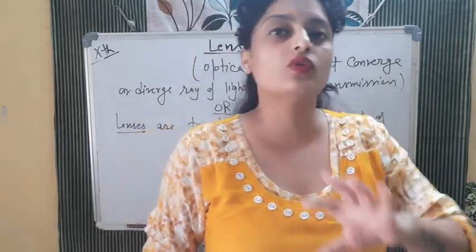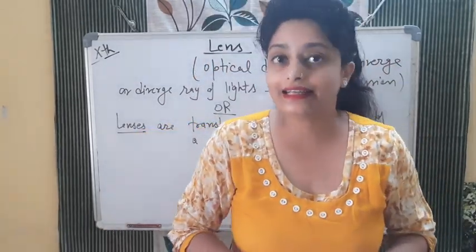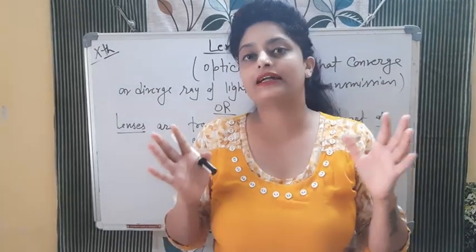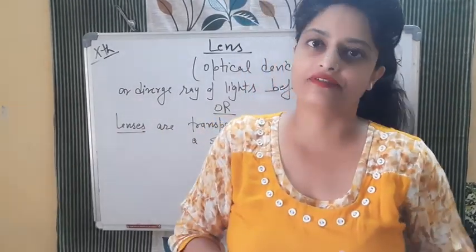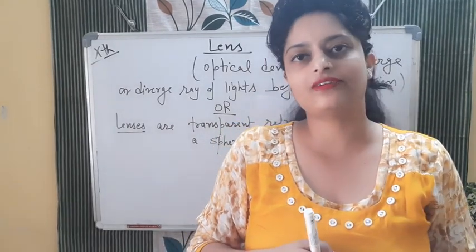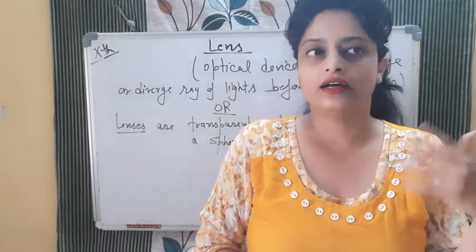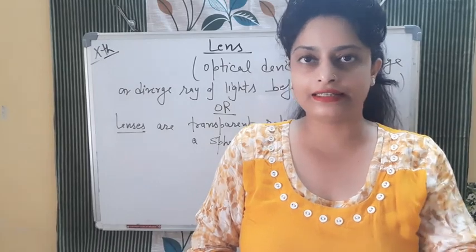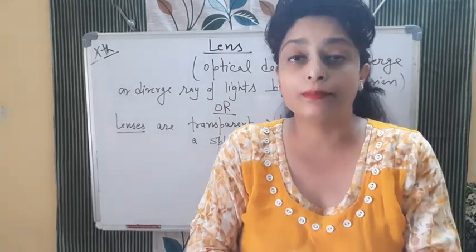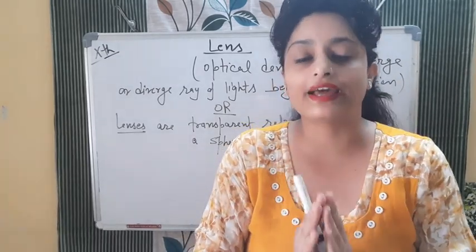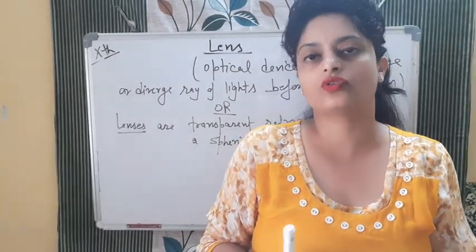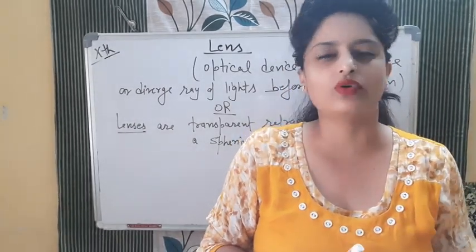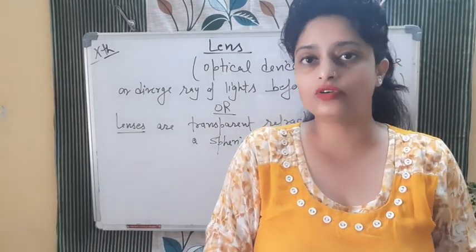Now in case of the lenses, it is made up of the transparent refracting part of a spherical surface, any spherical surface. Now see, there are mainly two kinds, and they are made by a combination of two spherical parts. There are also plano-concave and plano-convex lenses, but those are not in our syllabus.